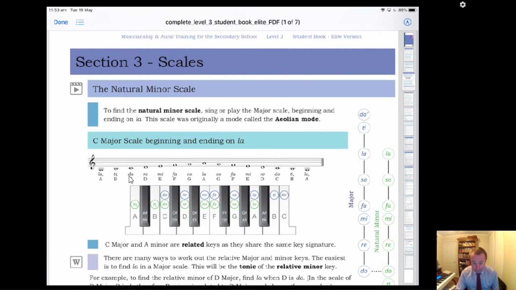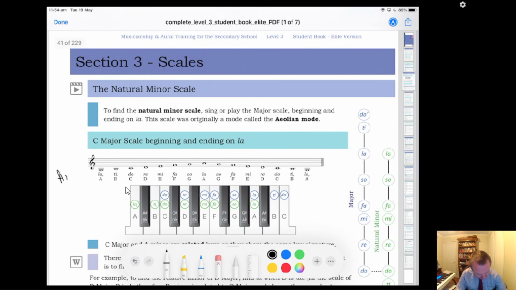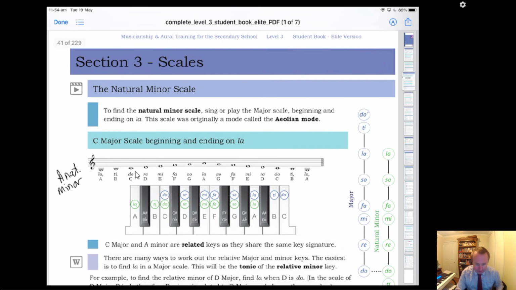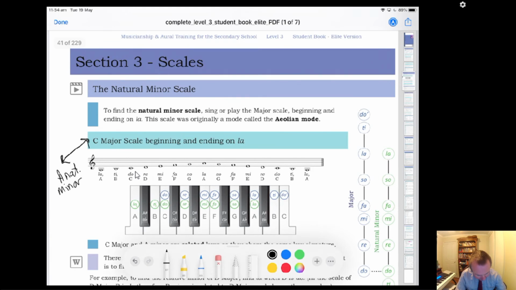So we've looked at this and we've said, oh, A natural minor, and that's what this scale is. It's A natural minor. And I'm going to write nat for natural just to make it easier. This scale written here is A natural minor, but it uses the same notes as the C major scale. So we actually say that C major and A natural minor are related.